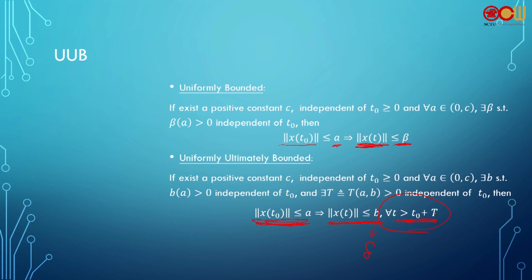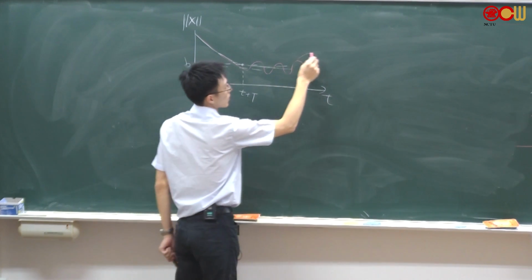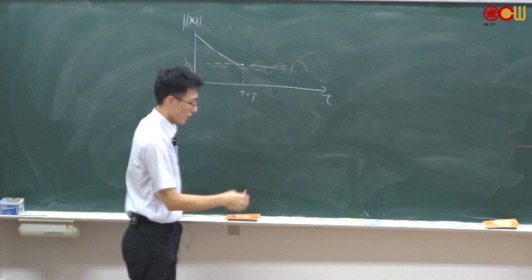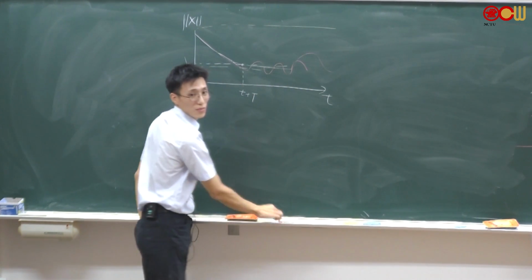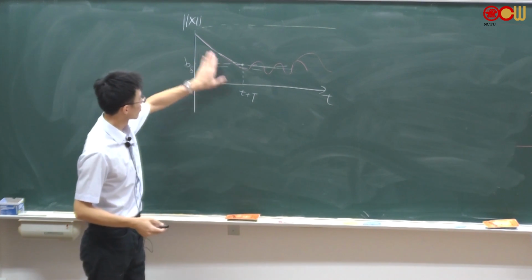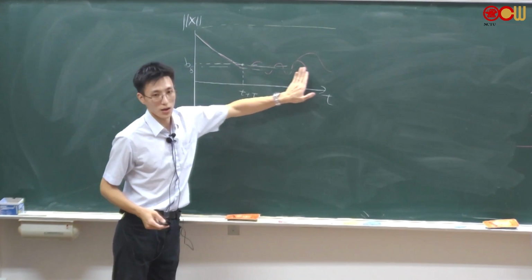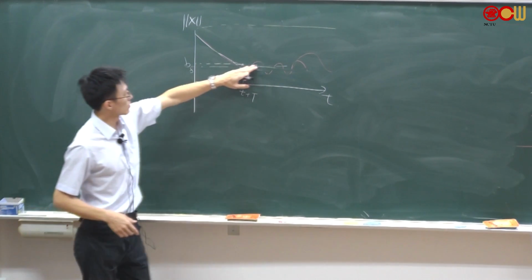For uniformly bounded, you can go here and oscillate or go up again, but it still remains bounded by some constant, by some larger radius. It's a bit complicated, right? But eventually it is bounded and will not exceed this bound. Eventually it would be under this upper bound.